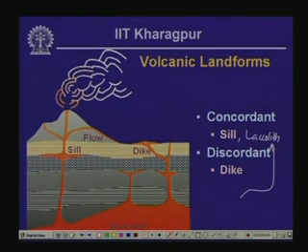If formation of the body leads to the bulging of overlying rock, then the body is not really called a sill, it is called a laccolith. Okay, so these are typical volcanic landforms.